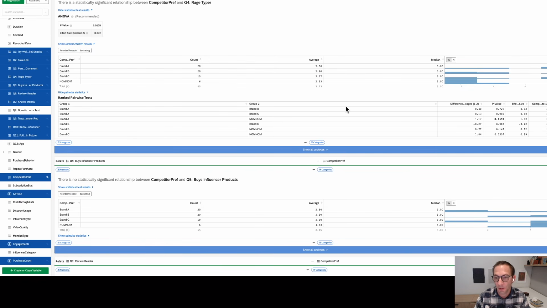So still in that case there's not a clear loser, because nom nom didn't underperform brand B. I guess that's, let's see here, a p-value of 0.147. Okay, so no clear loser. And when it comes to winners, if I look at brand A, it didn't outperform any of the other brands either, except nom nom.